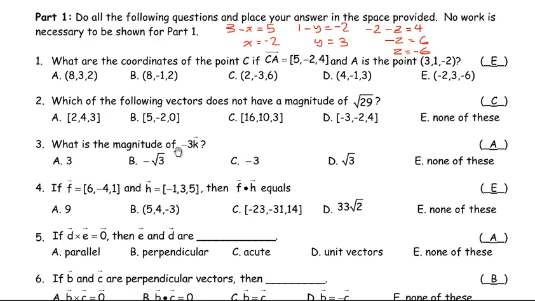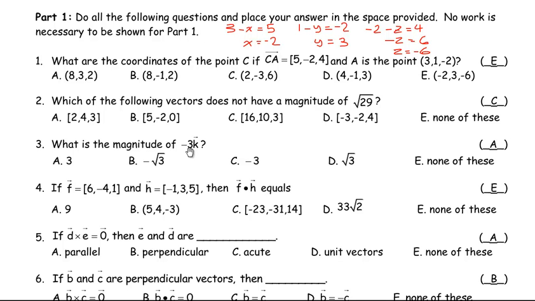Question 3, what's the magnitude of -3k? k is one of the unit vectors, the standard basis vectors. Remember, it goes i, j, k, so it's the one in the direction of the positive z-axis. It'd be the vector [0, 0, 1]. When we multiply by -3, it would no longer be 1 unit long, it would be 3 units long.